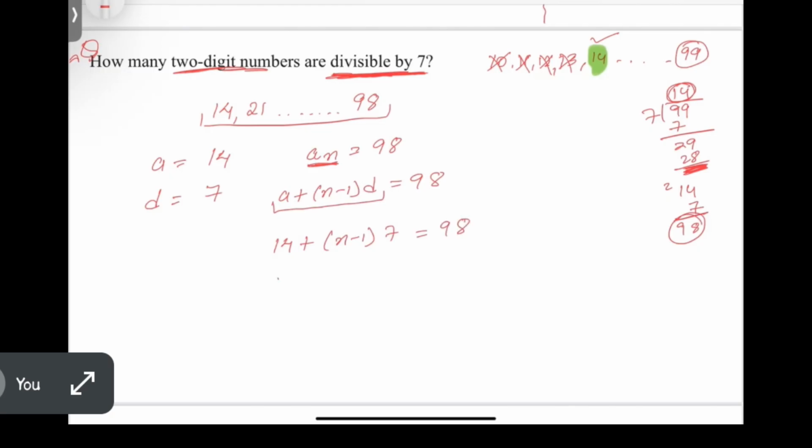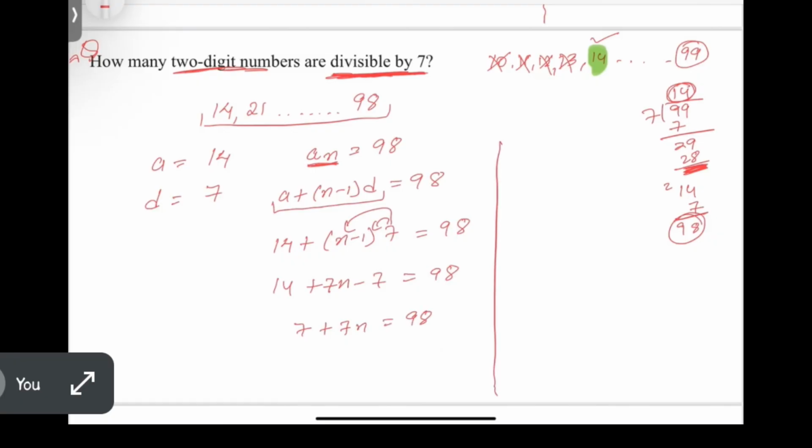So 14 plus 7n minus 7. I'm just removing the bracket. 7 into 1, 7 into n equal to 98. 14 minus 7 is 7, plus 7n is equal to 98.